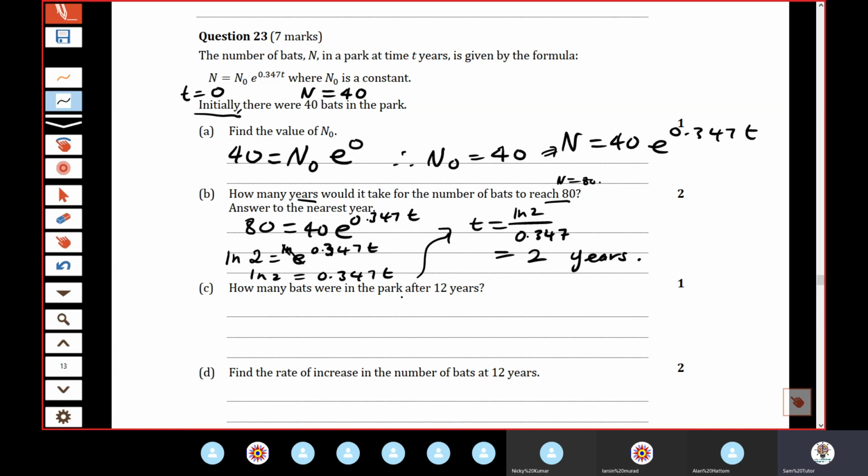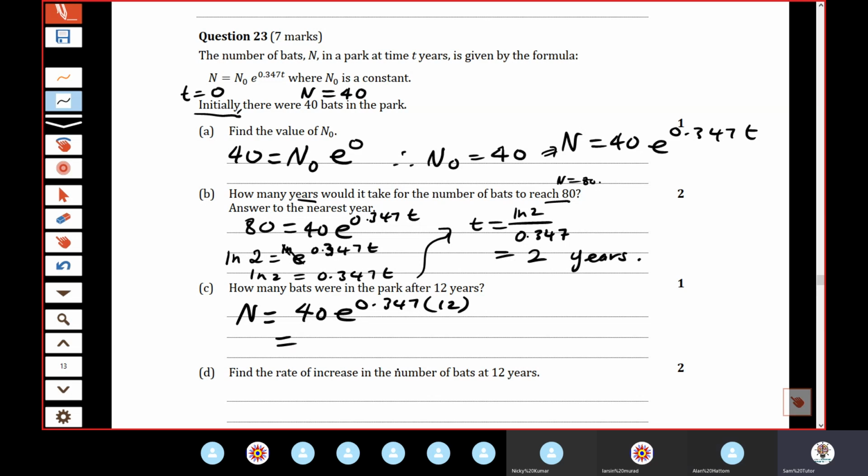How many bats were in the park after 12 years? Obviously now you're trying to find N. N equals 40 e to the 0.347 times 12. Plug that into your calculator, that should give you an answer. Larson, you know how to plug that into your calculator, right?